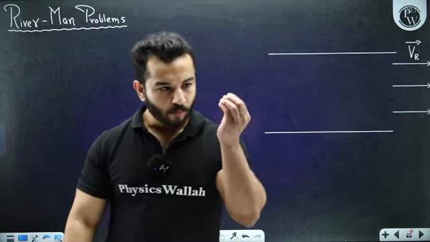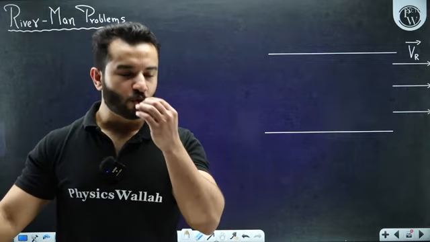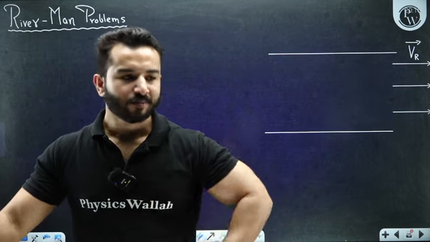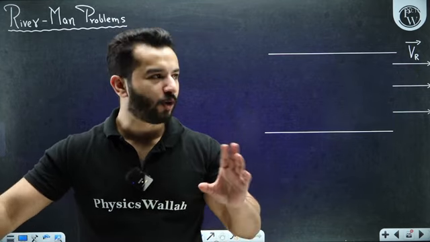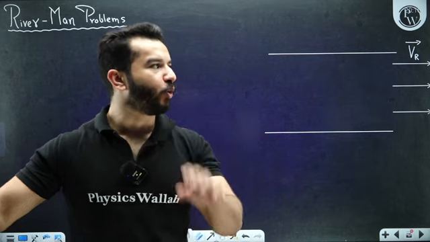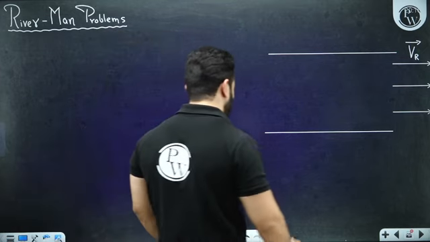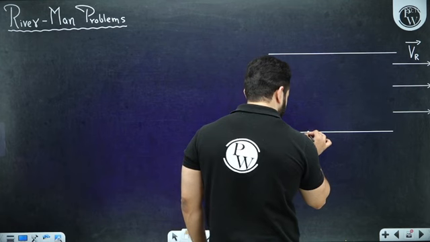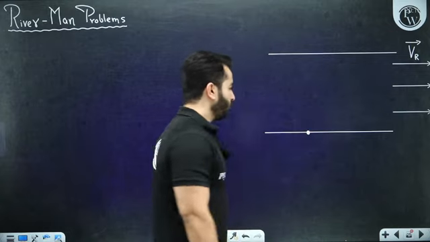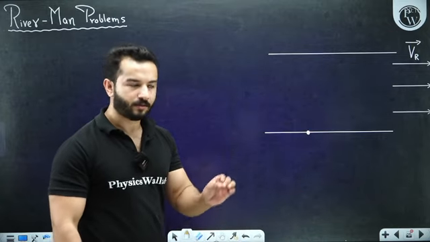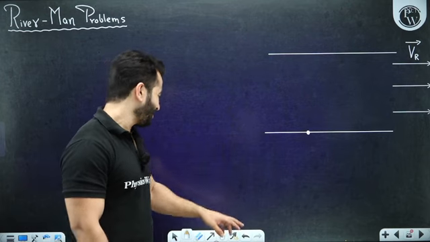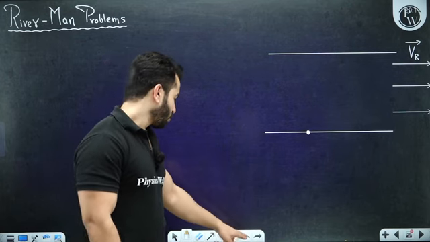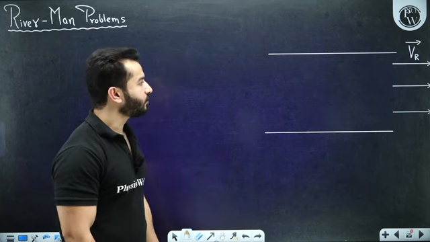Now it could be a boat, it could be a swimmer, it could be a man, doesn't matter. We have got a river and a man or boat or swimmer, whatever you want to call it. Let's suppose that for me I'm calling this a man. Before he tries to swim, let's talk about more simple things.